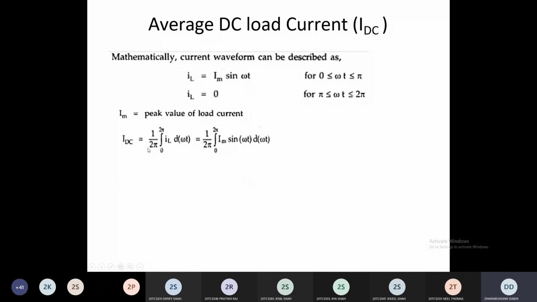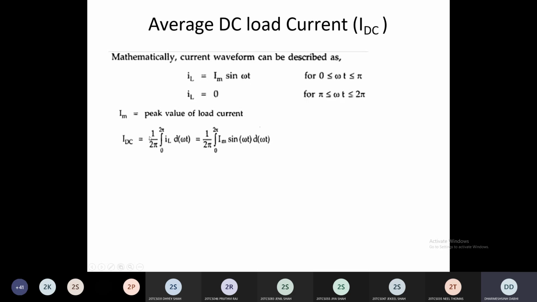So IDC is equal to 1 upon 2 pi, where 2 pi is the period of one cycle that we take as a base. Then take the integration over one cycle. But as you know, you get the load current only between 0 to pi, which is Im sin omega t, and from pi to 2 pi your load current is 0.